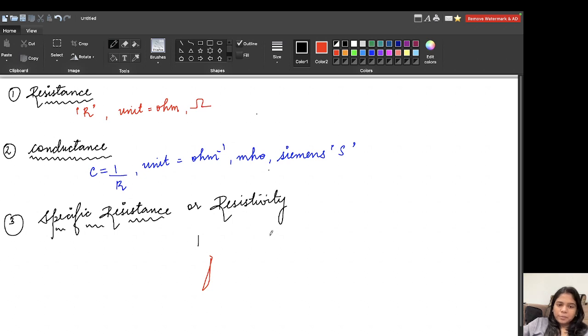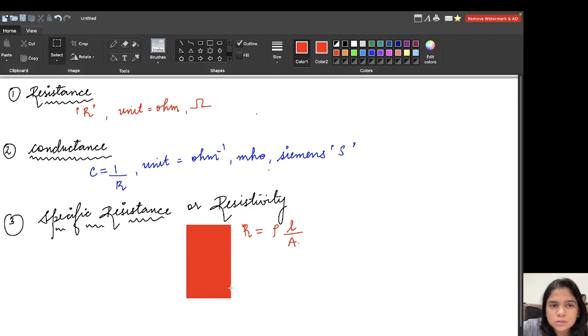Just remember the formula of resistance. One more formula we have for resistance: R is equal to rho L upon A. How does this formula come?